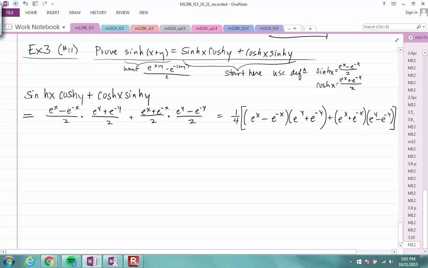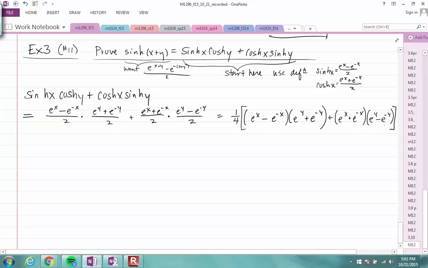Because if you think of multiplying the fractions here, the bottoms you multiply, you get a 4. Down here you get a 4, so 4 is common to these overall 2 terms, so I can take it out as 1/4. That way we can just deal with this junk on the inside and take it times 1/4 overall at the end.